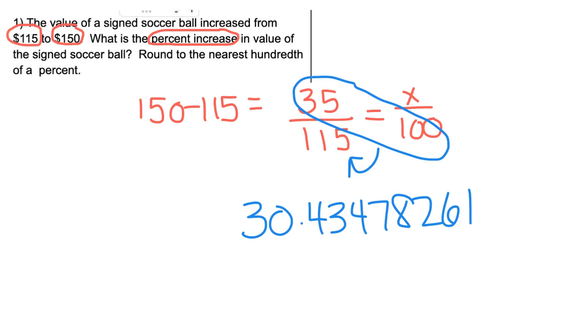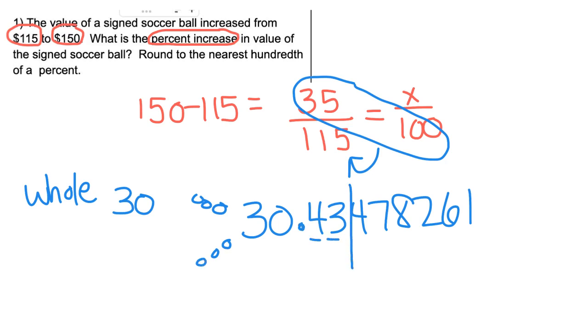Now, I made this study guide before I double checked with the test. Remember, your test will probably say round to the nearest whole number. So if I was going to round this to the nearest whole number, it would round to 30. But these directions say to the nearest hundredth. So 2 decimal places, and then I'm going to cut that off.